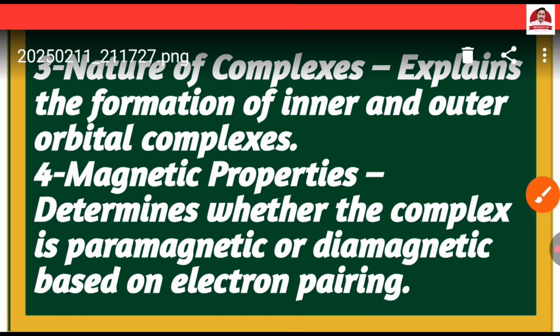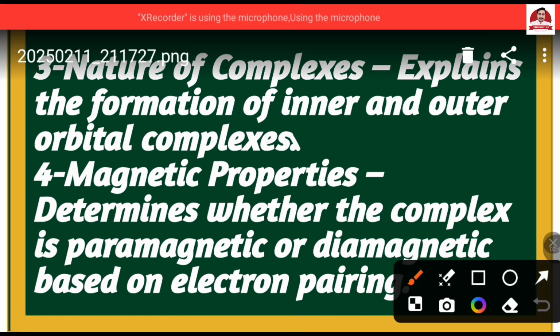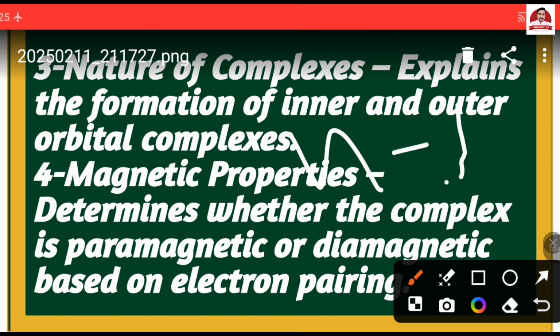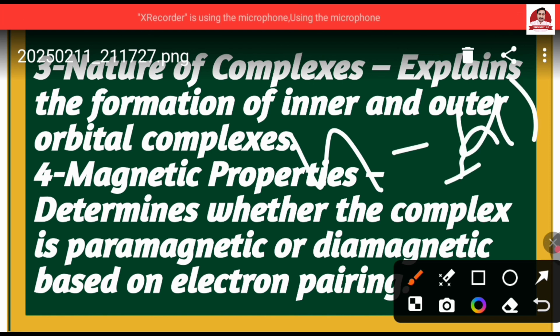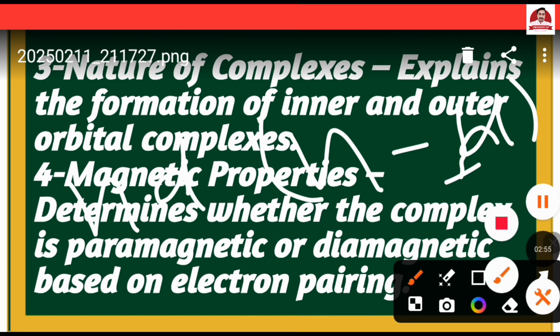Next, point number 3, nature of complex. VBT explains the formation of inner and outer orbital complexes, that is, n-1 d, that is the inner orbital complex, and nd orbital, that is the outer orbital complex.